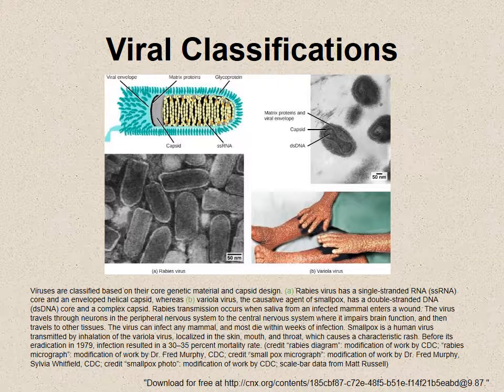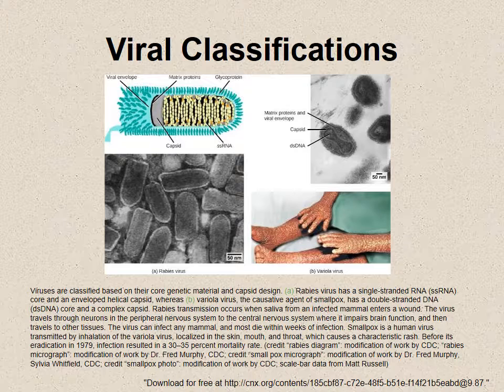So, viral classifications. First we can go through and read through this, which I'm not going to, because this actually starts to talk about how each of these viruses are transmitted and what it causes. We can look up here and see that we have rabies, and smallpox. But let's talk about classifications here. Several classification systems have been used, based on genetics and on morphology.